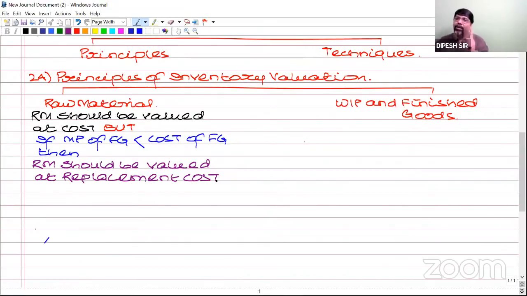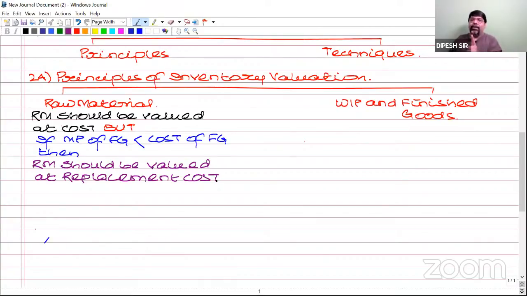and I am talking about finished goods, then I should be talking about the market price of selling, because finished goods we sell. But when I say stock should be valued at cost or market price, whichever is lower, and I am talking about raw material, then raw material we buy or we sell? Sir, we buy.